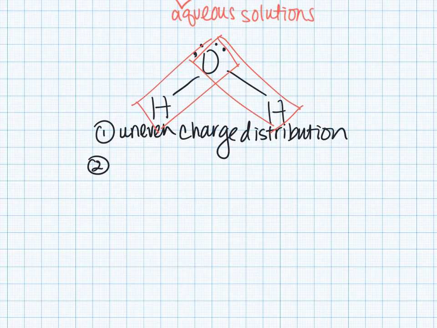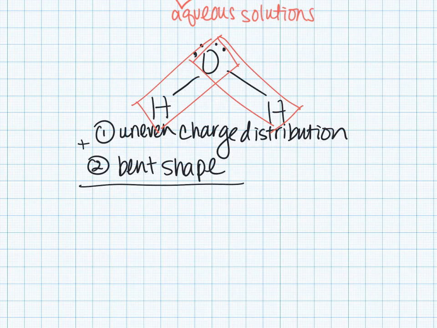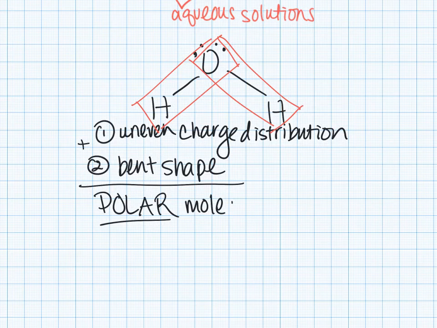So between hydrogen and oxygen, there's an uneven charge distribution. And second is that it has a bent shape. Both of these together add up to make water a polar molecule. So what does that mean?